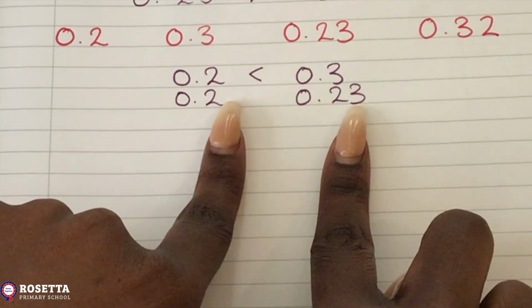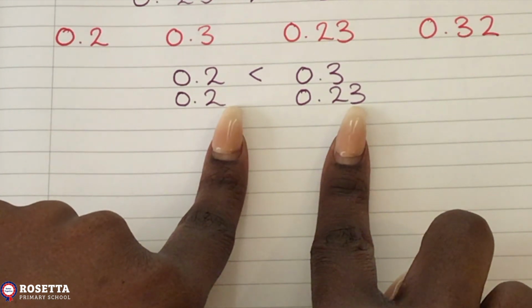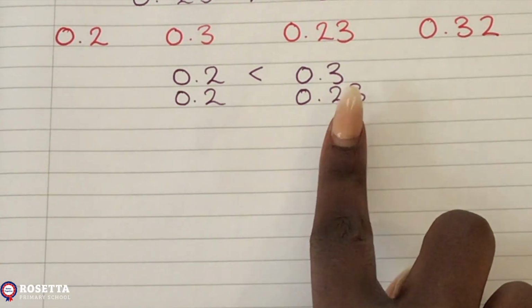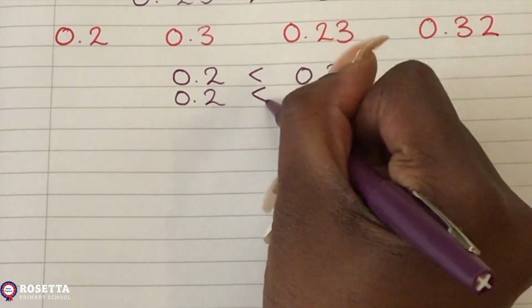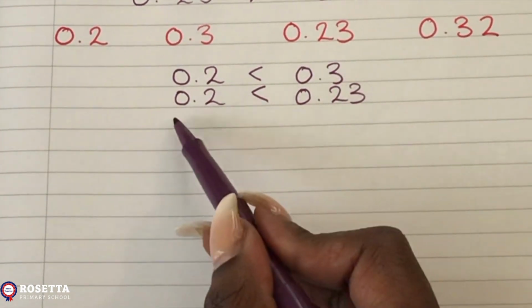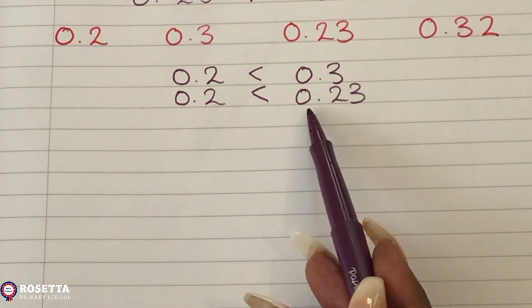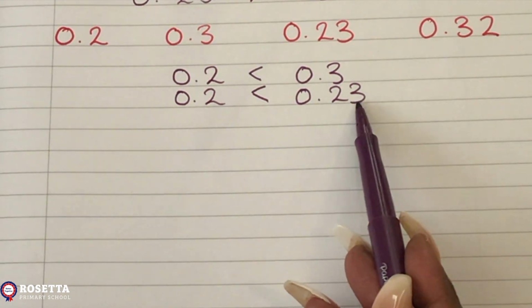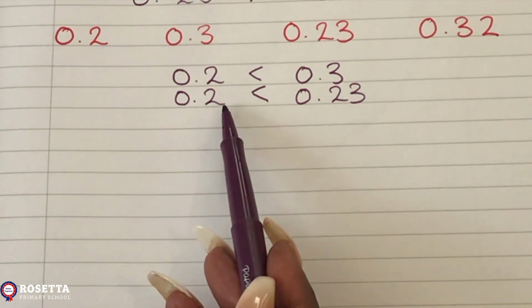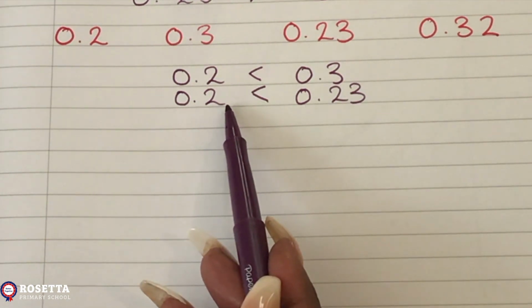So that would mean this number has no hundredths and this number has 3 hundredths. Therefore, this number is less than this number. 0.2 is less than 0.23 because 0.23 has 3 hundredths and 0.2 has no hundredths.